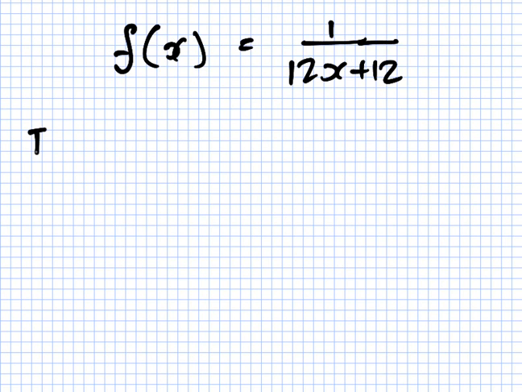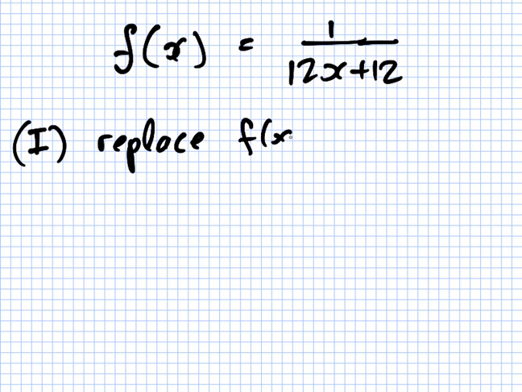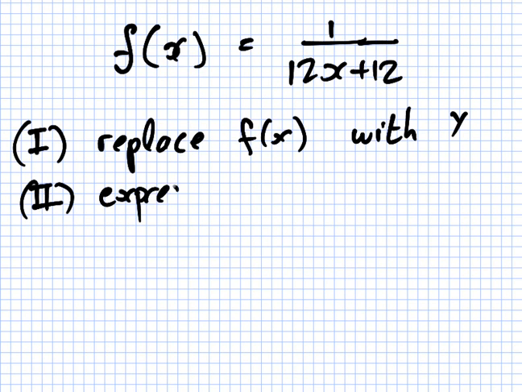So I'll give you the method as steps. The first step is to replace f(x) with y. Step 2 is to express it as an equation equal to 0. So in other words, rearrange it so that it's equal to 0.